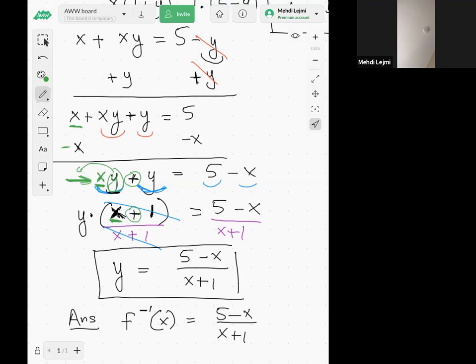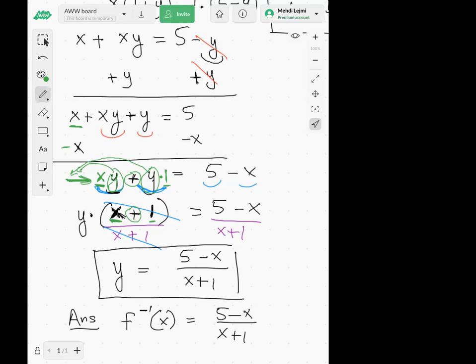And then I factor out this y here. If you factor out this y, you are left with y times 1. So that will be my 1 here. Does it make sense? Okay, so that's why I got x plus 1.